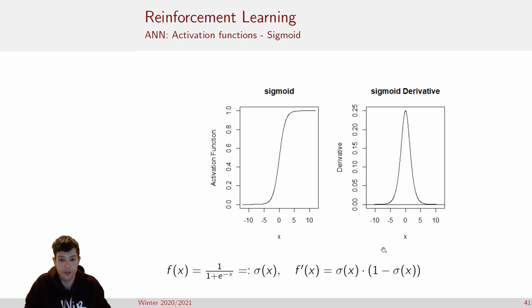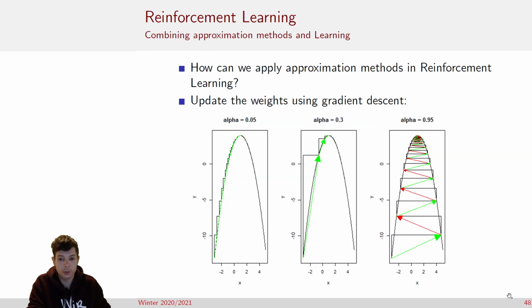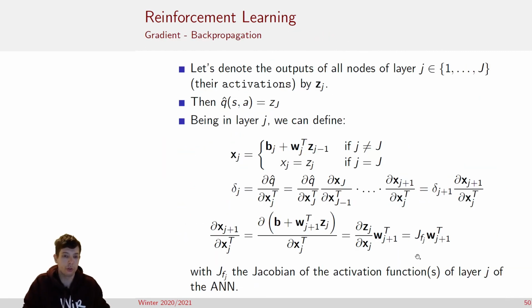So for example, if we have a sigmoid activation layer, then this Jacobian would consist of sigmoid times 1 minus sigmoid, evaluated at the point x. That one is also very simple to compute, because we already know the individual derivatives of all the activation functions. And we only need to multiply this with the weights, because that term is in here. It's just the product of weights and z.